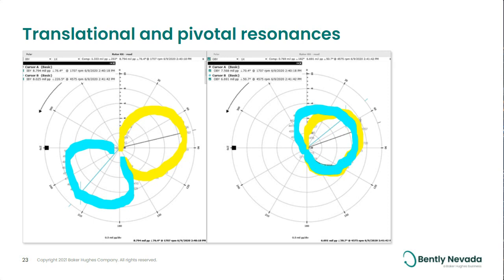So if I were a betting man and I was doing my balancing, I would put a weight about 180 degrees opposite, somewhere between 150 and 180 degrees on that outboard side, and I'll get the best bang for my buck there.